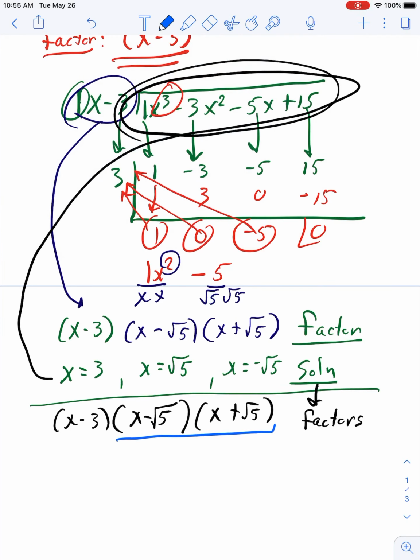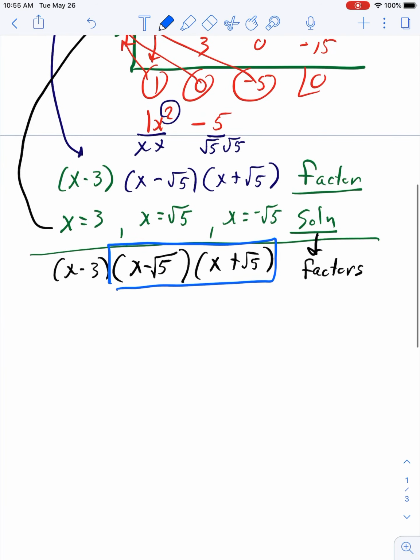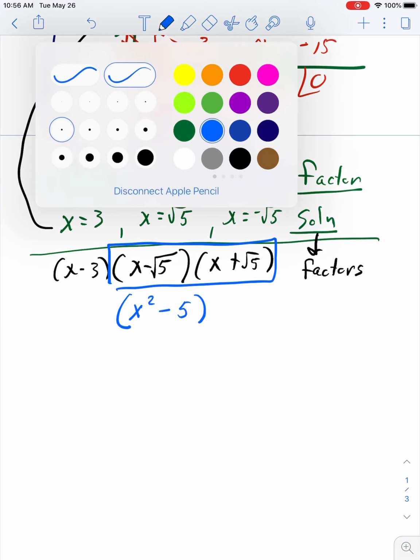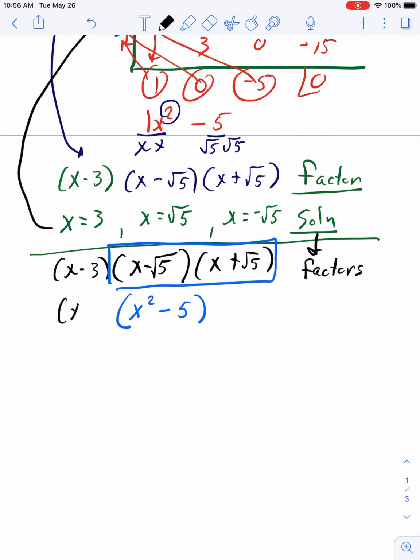Then I'm going to multiply two of them together. And since these are a difference of squares, and avoiding my rectangle here, I'm just going to multiply these out. I know it's going to be x squared minus 5. Now I still have x minus 3 here. Now we use my box to multiply those two out.